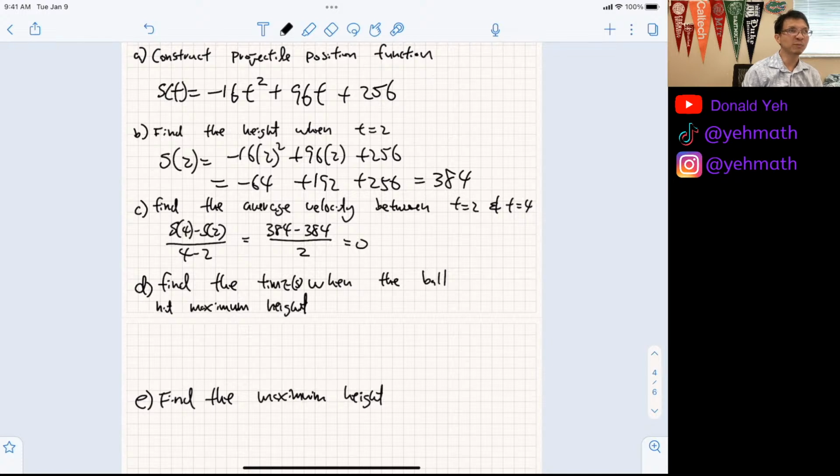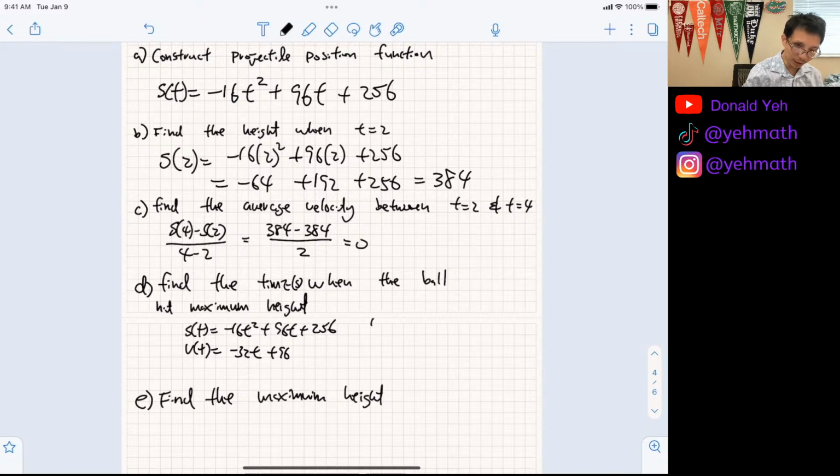Horizontal tangent, good. Why? At the vertex, the tangent will be 0. So we just set the derivative equal to 0. If s of t is equal to -16t squared plus 96t plus 256, you can take the derivative of this. It'd be -32t plus 96.